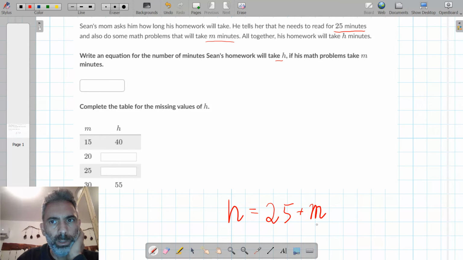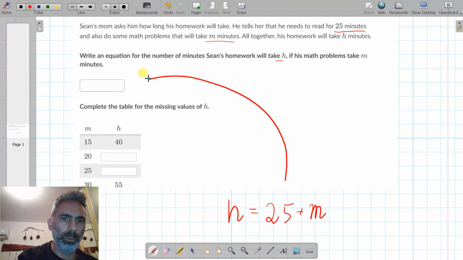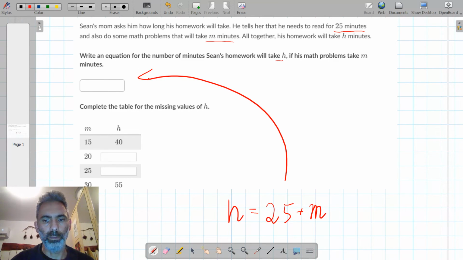But the sum, the total of the minutes he spends reading and the minutes he spends solving math problems, together gives us the total number of minutes he spends on his homework. So this is the equation: H equals 25 plus m.